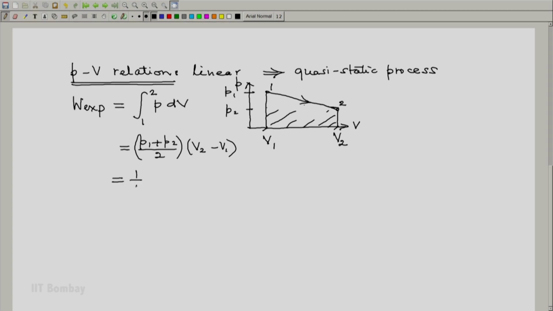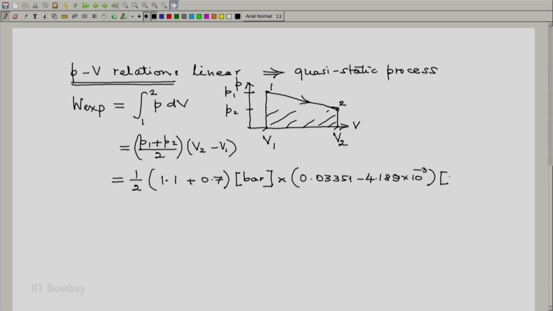Let us first substitute for pressure. The values of pressure are 1.1 bar for P1, 0.7 bar for P2. It's a good idea to write down the units just after that, multiplied by V2 minus V1, which is 0.03351 minus 4.189 into 10 raised to minus 3.